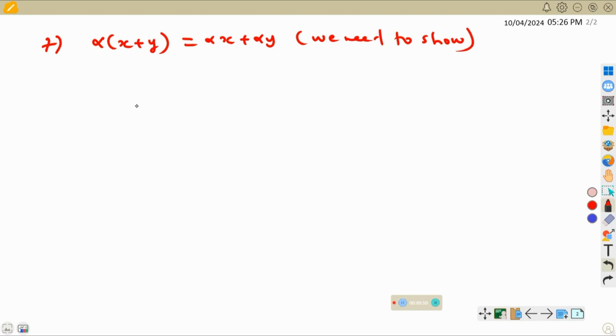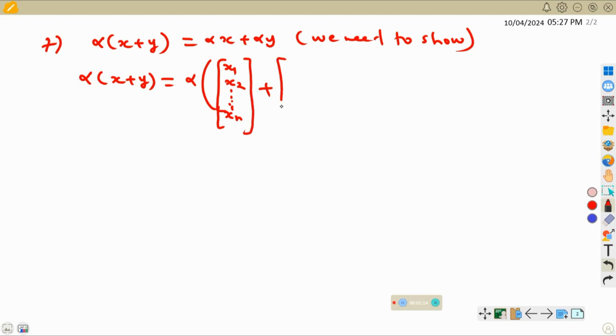So if we need to show that, we shall first of all consider alpha into x plus y. This will be the same as alpha into x, where our x is x1, x2 up to xn, and you are adding y1, y2 up to yn.